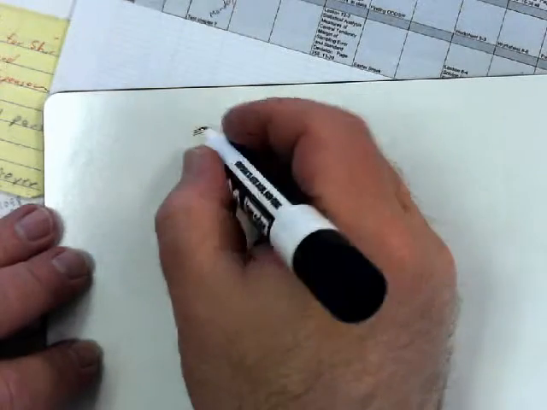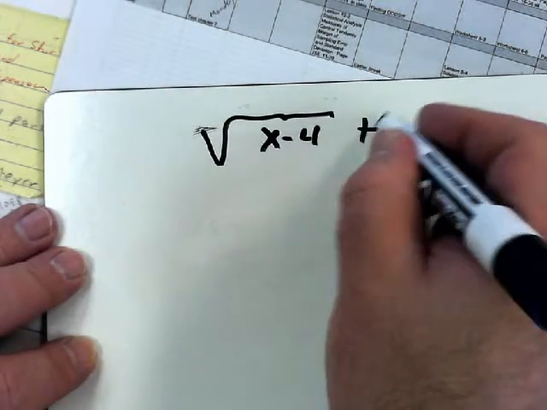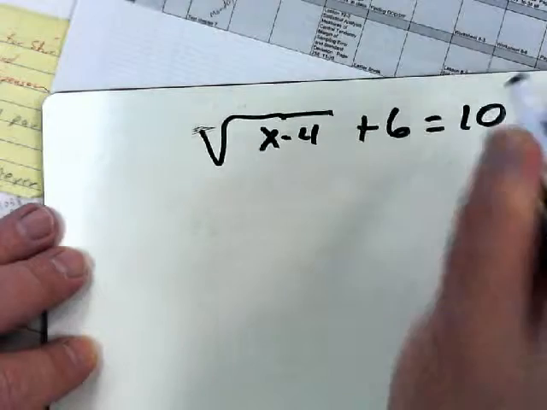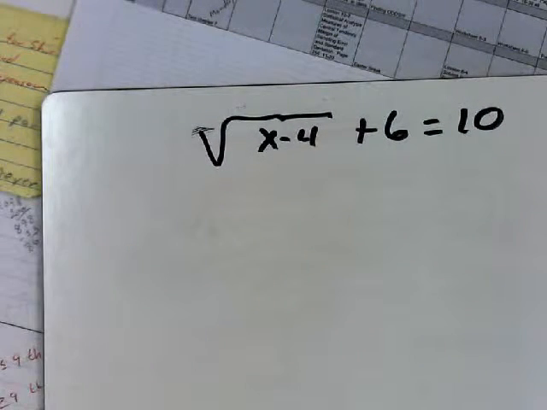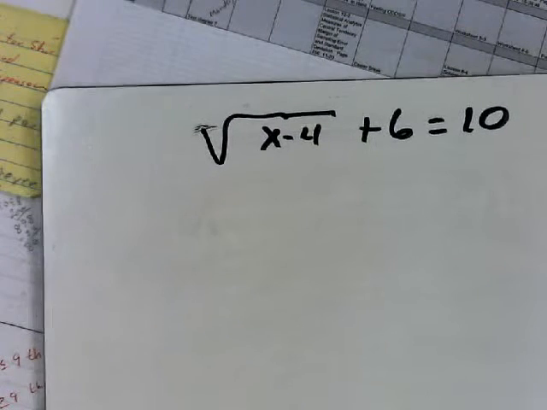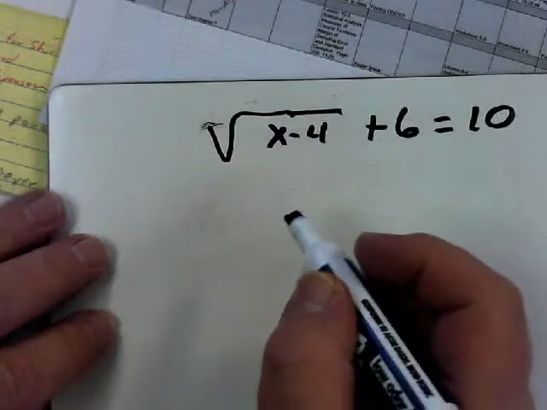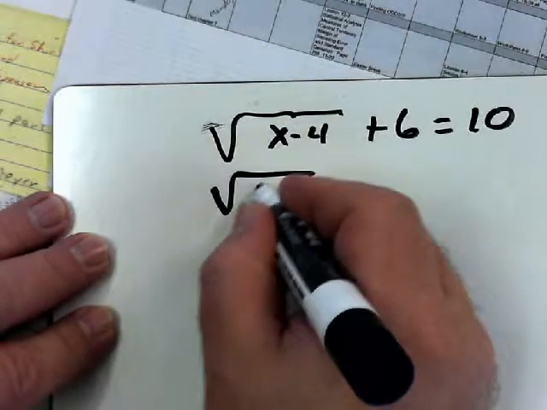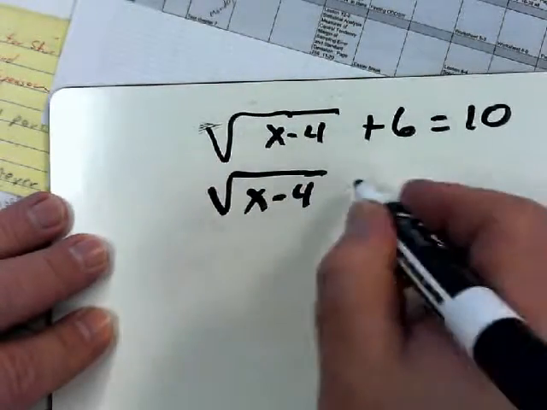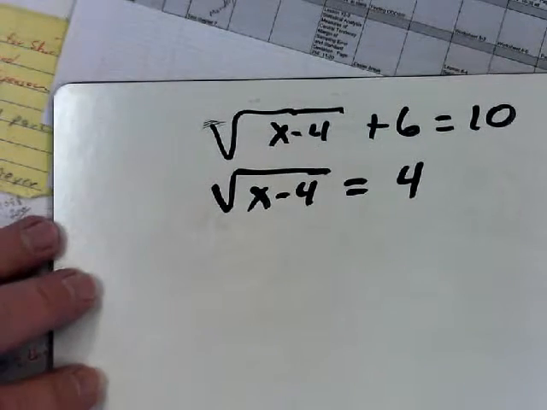So let's do the following problem. The square root of x minus 4 plus 6 equals 10. Your first step, okay? So isolate the radical by itself. So 10 minus 6 is 4, isn't it?